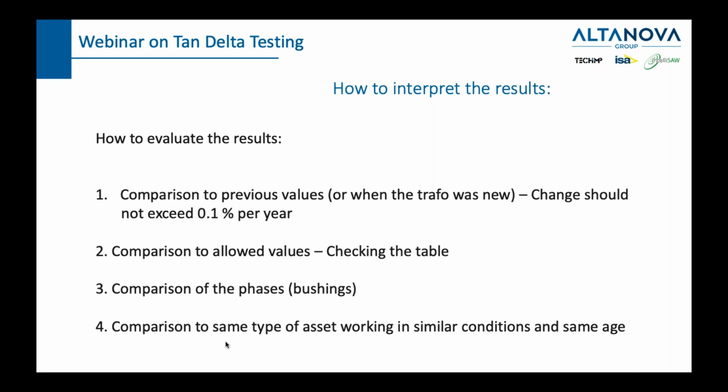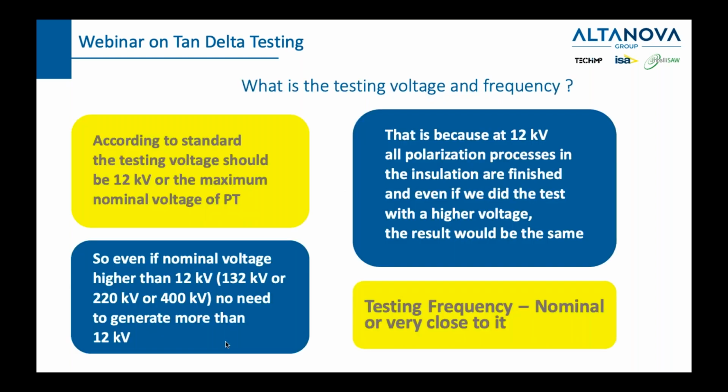So these are the ways how, when we get the number, we can say, okay, it didn't go up too much from last year, or it's still below 1%, or in comparison to other phases, it is the same. Or if I have a similar transformer, we can say, okay, it has the same values as this similar transformer, which is working in the same conditions and has the same age.